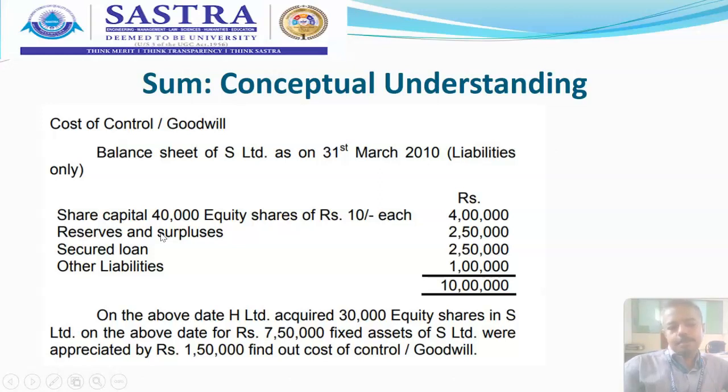So first let me explain how this has been calculated. First please take into account share capital, reserves and surplus, secured loan, other liabilities, whatever is given. Now there is a small appreciation in the fixed assets of the company by rupees 1,50,000.